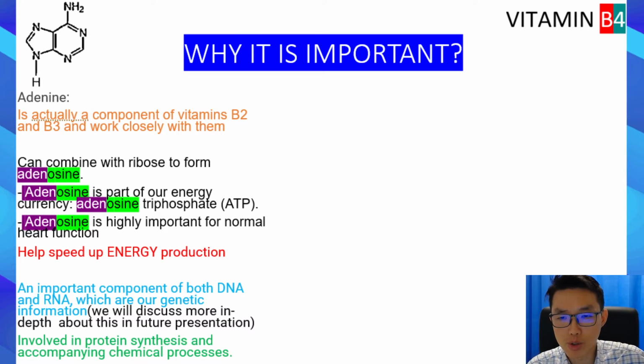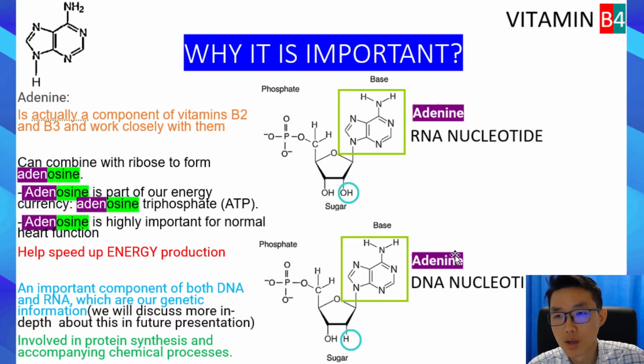Additionally, adenine is also involved in protein synthesis and many other associated chemical processes within the cells. As you can see in this diagram, the top diagram is a molecule of RNA nucleotide that has an adenine base.